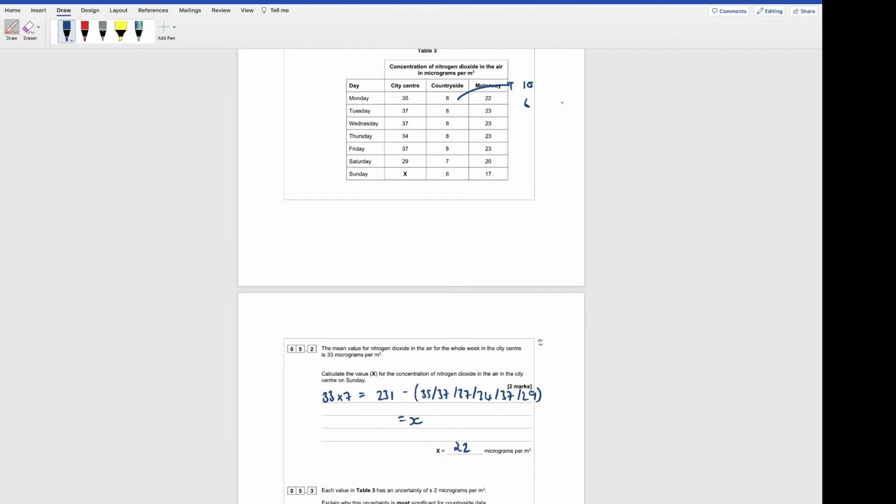And what they've done is they've quoted 8. Now, it could be 2 up, it could be 2 below, but why is that an issue or more significant for countryside data? Well, a change of 2 affects this number dramatically. And because we're using small numbers, it's more significant because any change, especially 2, is a big deal.